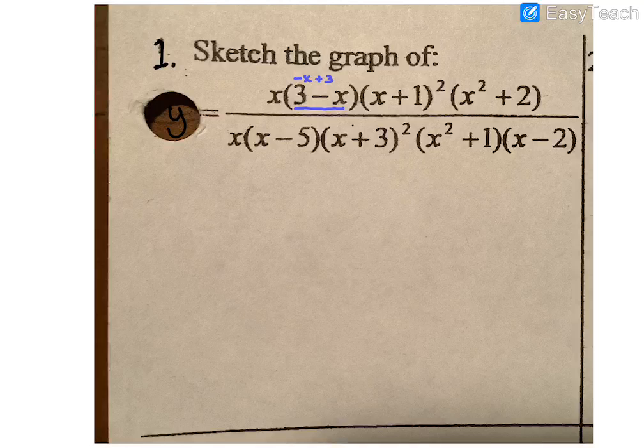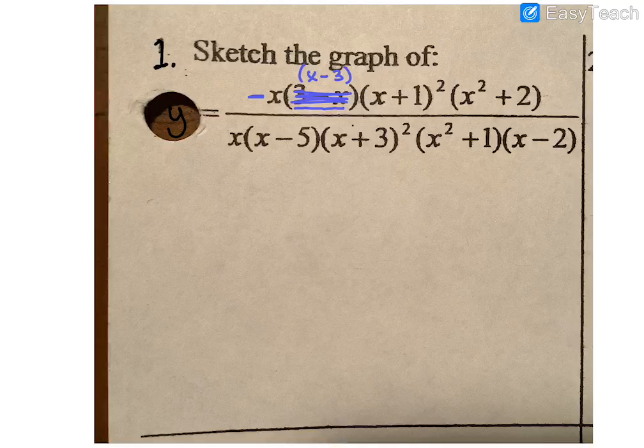I'm going to factor a negative 1 out of this, put the negative 1 out front, and then this factor becomes the opposite. I'm going to think of it as the factor x minus 3, with the negative out front.